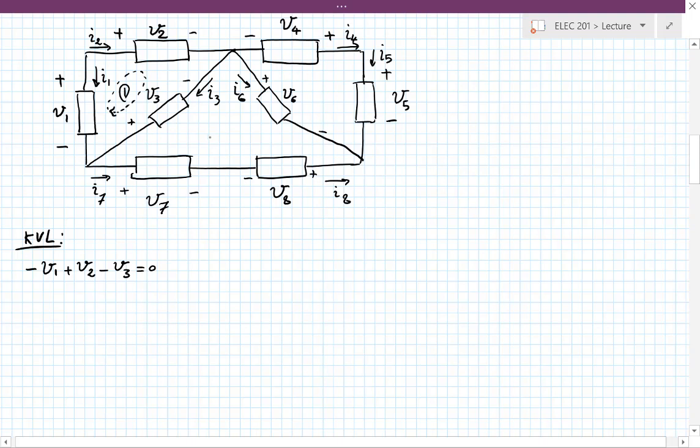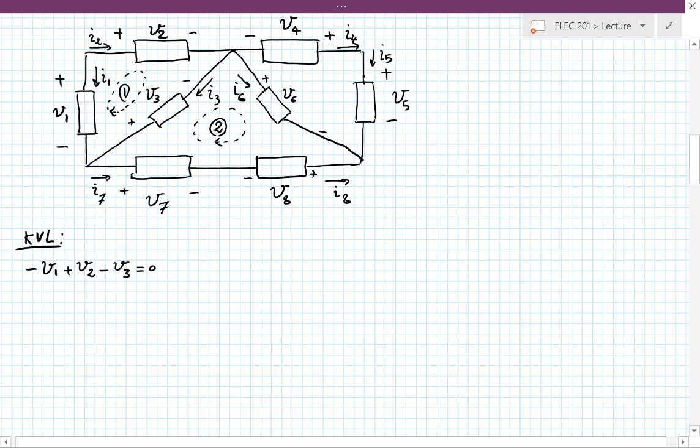Let's take the second loop. Again, I like going clockwise. There's nothing special about that. So let's say I start at the bottom left corner and I go clockwise.